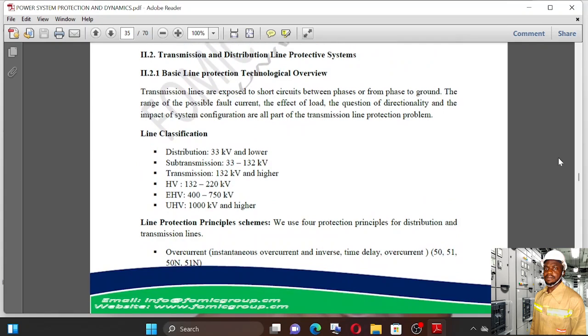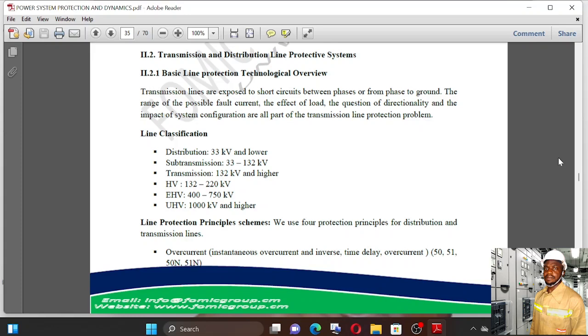Then looking at the basic line protection technologies, this is just an overview. We can see line classification according to voltages. For transmission lines, we have voltages of 132 kilovolt and higher, and that's normally primary transmission.